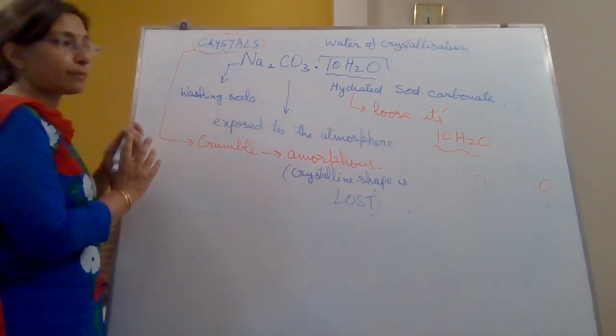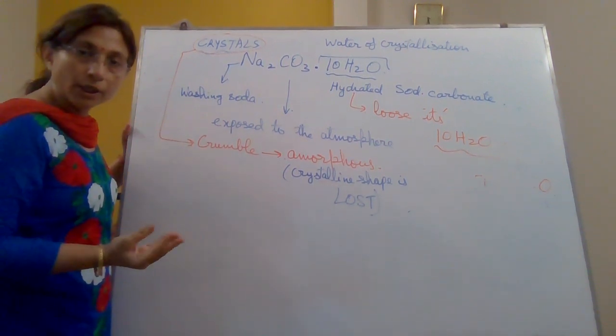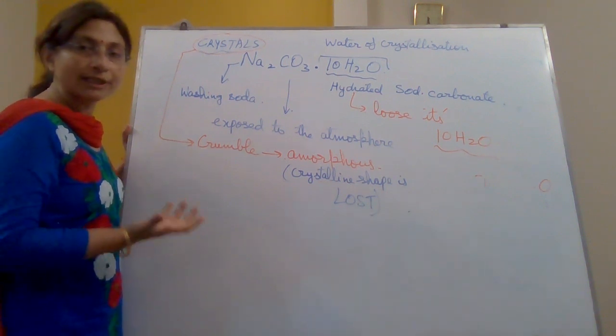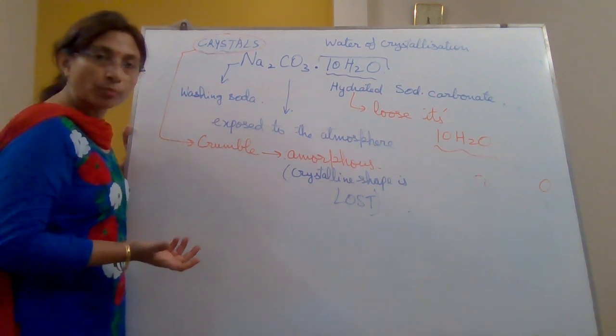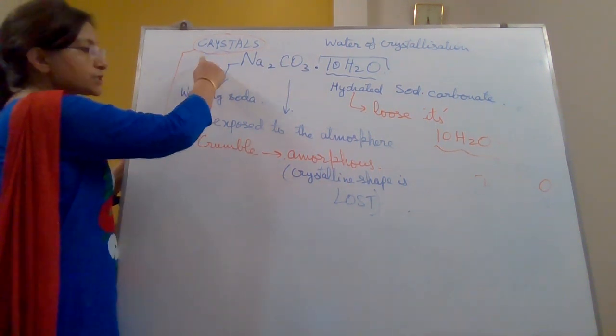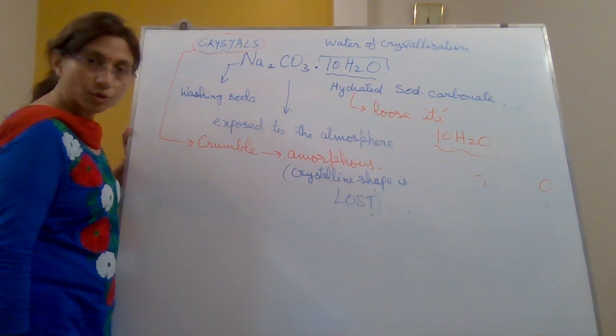Talcum powder को अगर आप अपने हाथ में लेके rub करेंगे, you will not be able to feel anything in your hand. Why? Because the talcum powder is in the form of amorphous state. So आपका जो crystal shape है वो amorphous में change हो जाएगा.